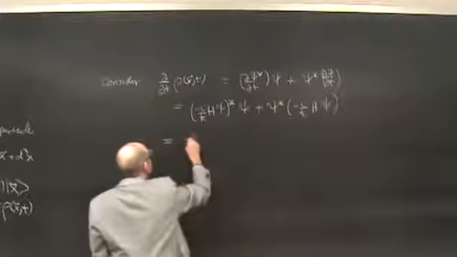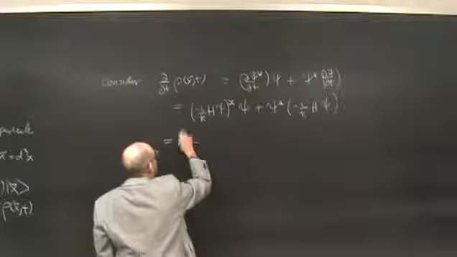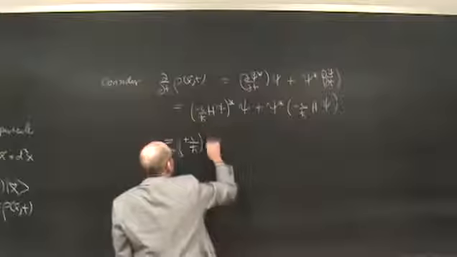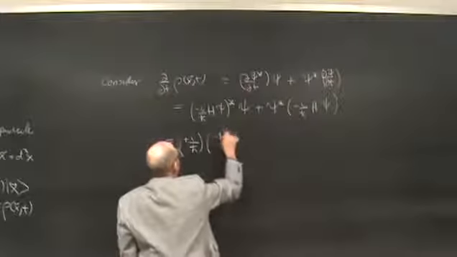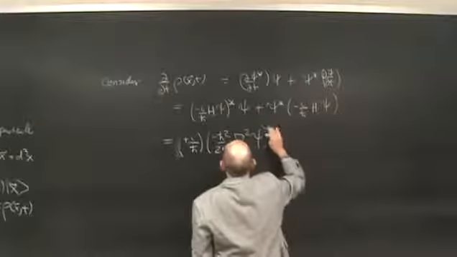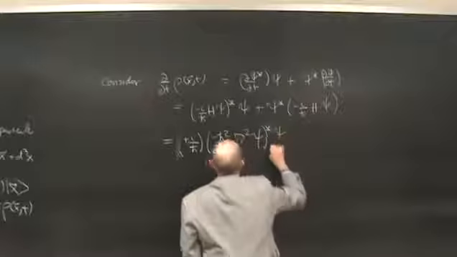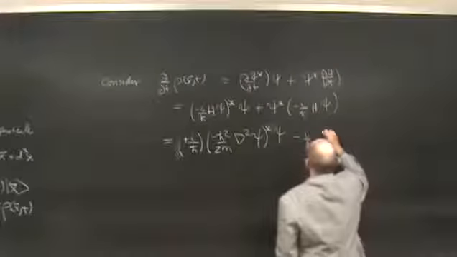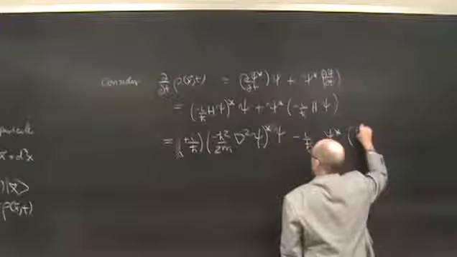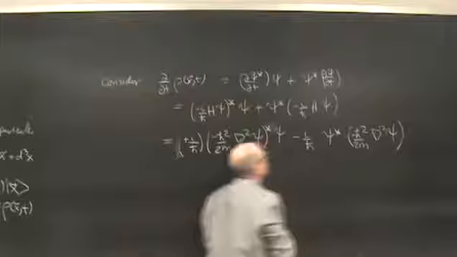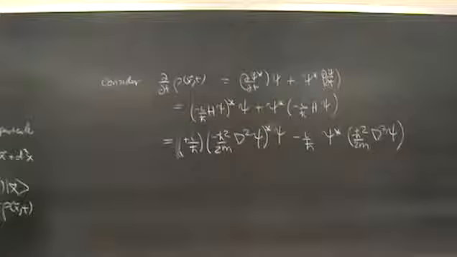So all I'm left with here then is, plus i over h bar times minus h bar squared over 2m Laplacian star psi, minus i over h bar psi star, minus h bar squared over 2m Laplacian psi. Okay, the term with the potential cancels out.